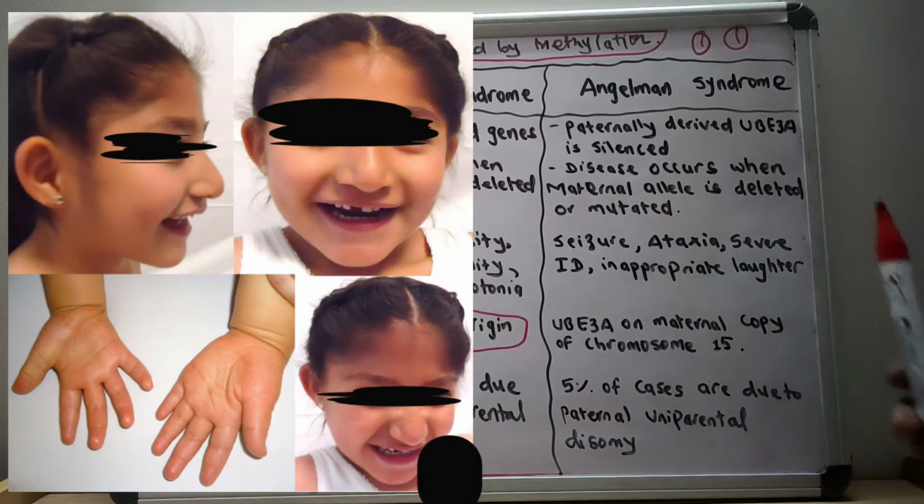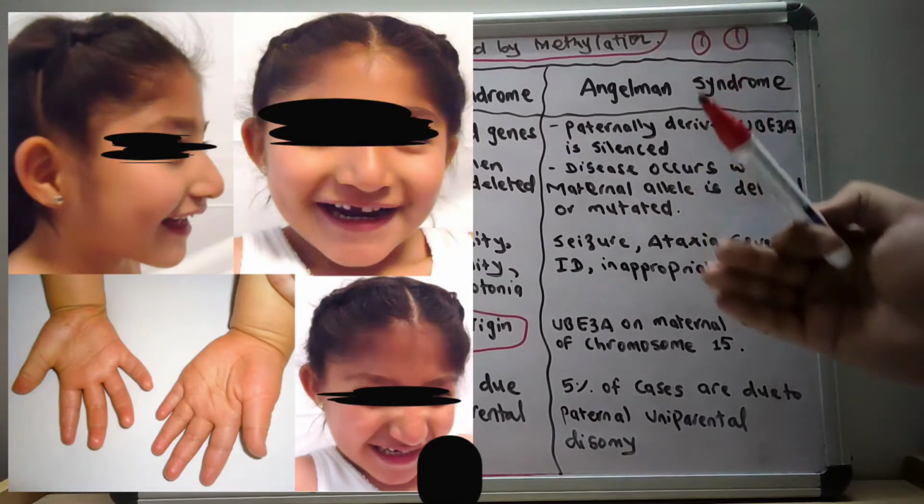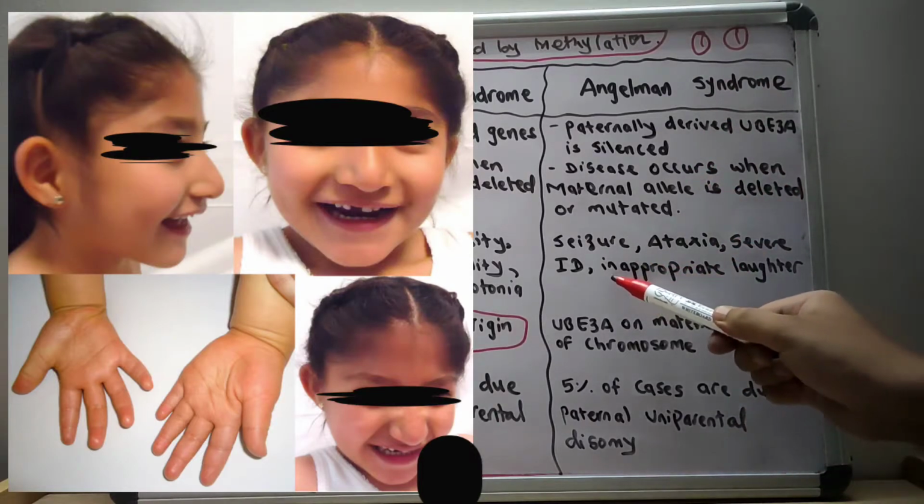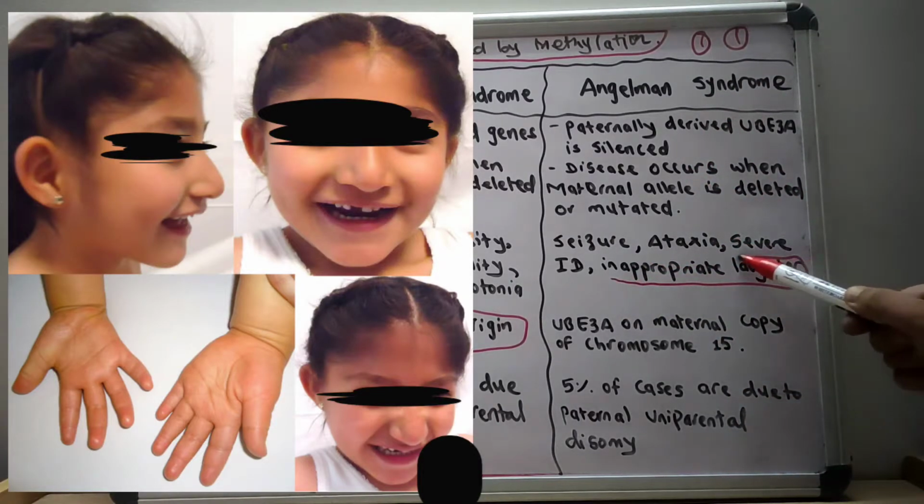There is onset of seizures, onset of ataxia, and severe intellectual disability, and the child also shows inappropriate laughter. So often we call the child with Angelman syndrome a happy puppet.